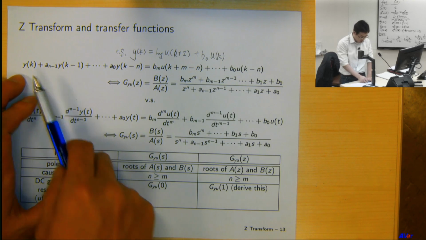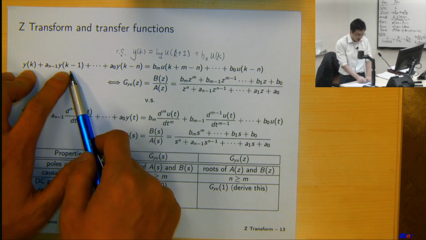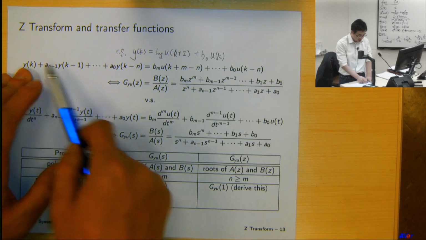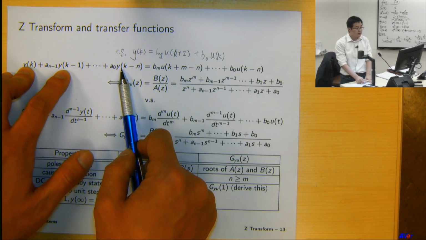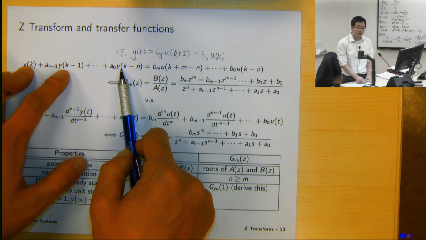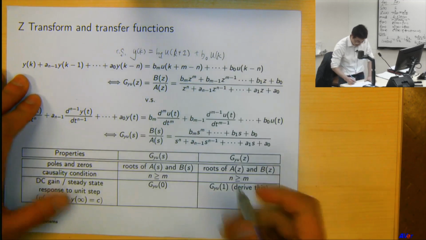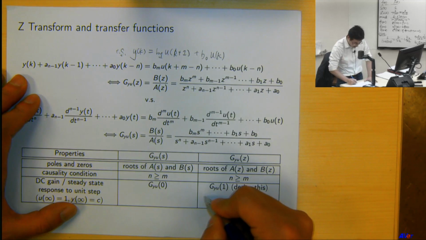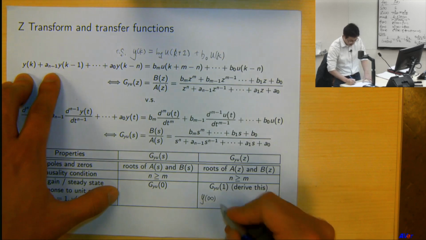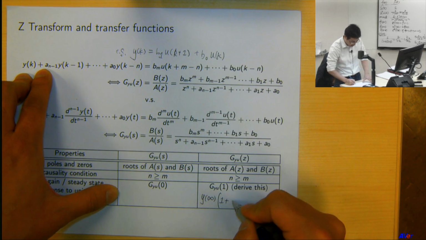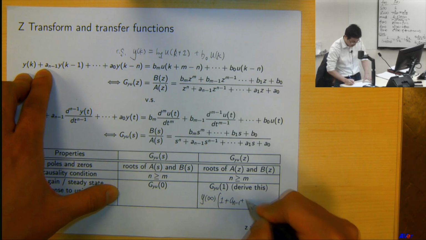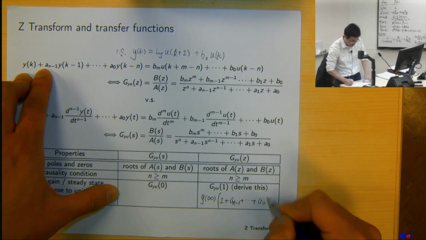So all these are the same constant, and you can take out this constant. For this side, you have y at the end times all these coefficients, 1 plus an minus 1 plus up to a0.